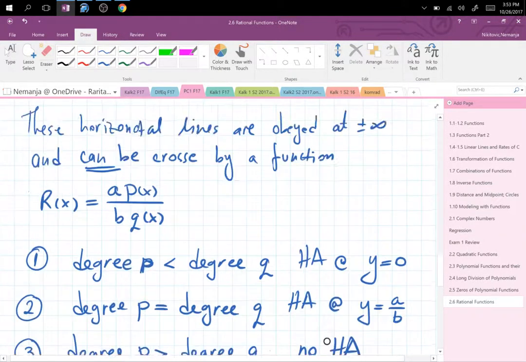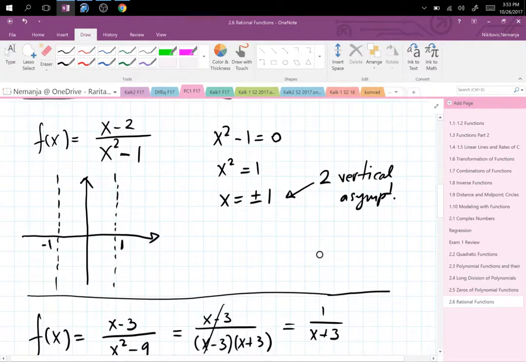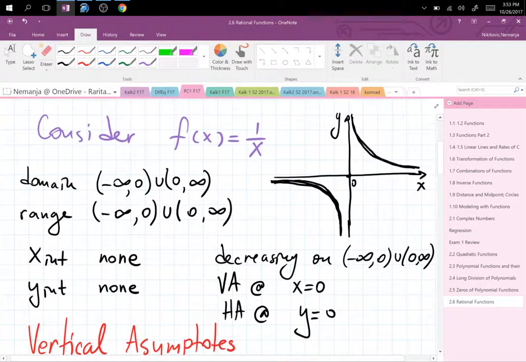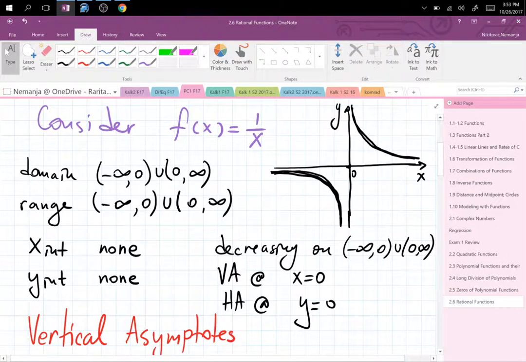And we go all the way back to the original problem that we were considering, and we say HA at y equals 0. Now you can see these two that we just discovered, right? There's your horizontal asymptote, y equals 0. It's just a straight line.